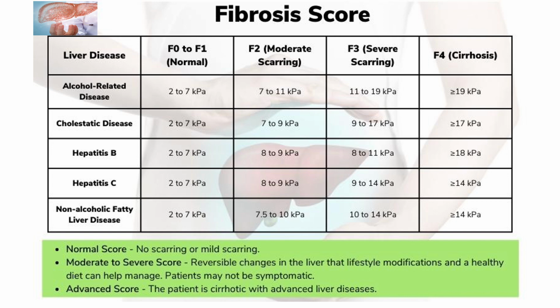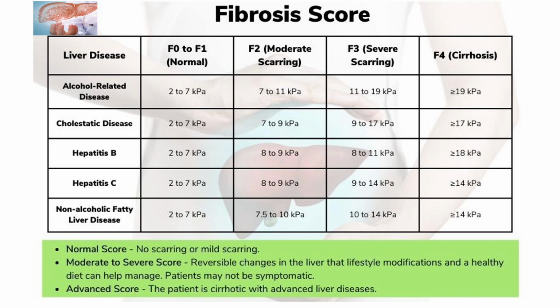So we can see it on the basis of different conditions, such as alcohol-related disease, cholestatic disease, hepatitis B, hepatitis C, and non-alcoholic fatty liver disease. And F0 to F1 is the same for everyone, that is 2 to 7 kPa.